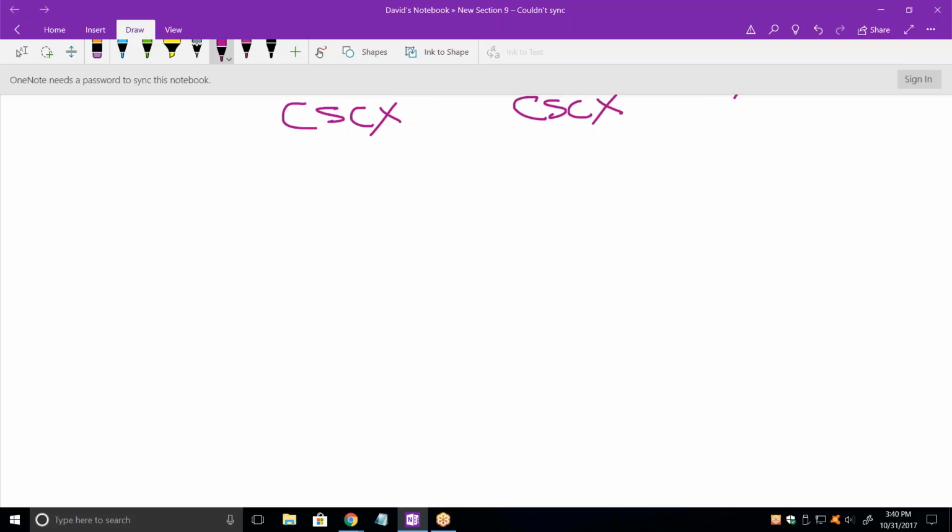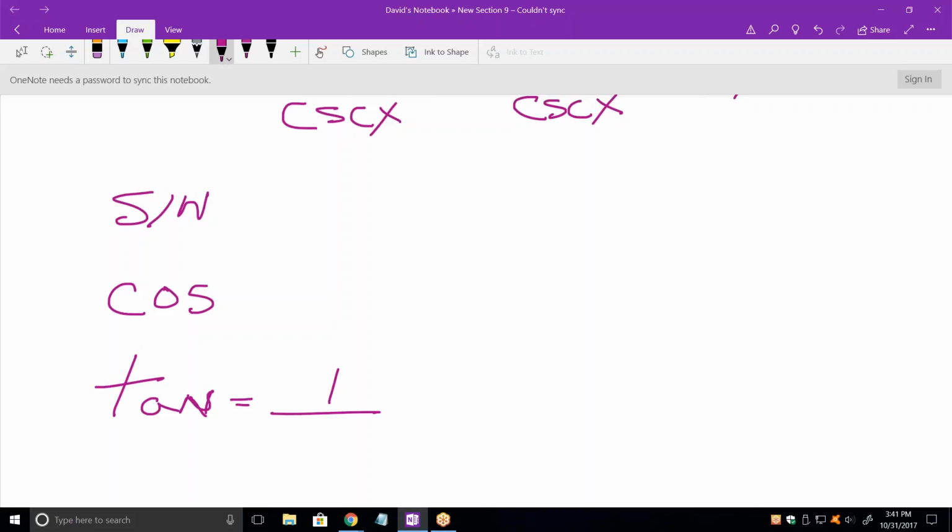The 6 most important ones are the reciprocal identities, which means you've got sine, cosine, and tangent as your 3 primary functions, right? Now, we know what the reciprocal of tangent is. Cotangent. That's a piece of cake.